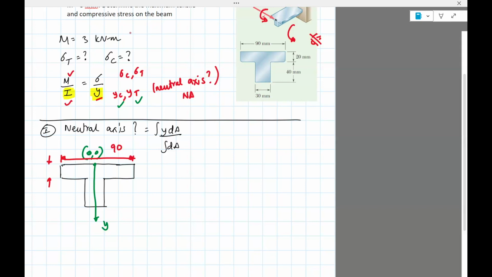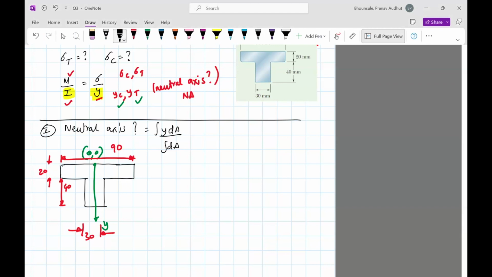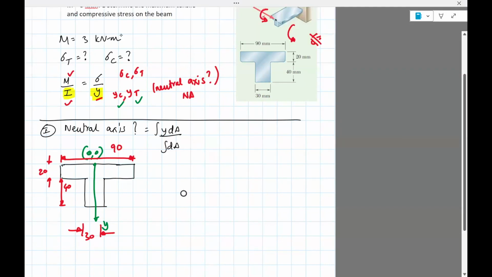20, 40, and 30. Okay, so because I chose 0, 0, and y to be downwards, x is clearly at 0, right? So x is not a problem.